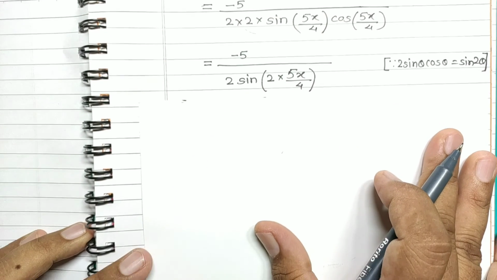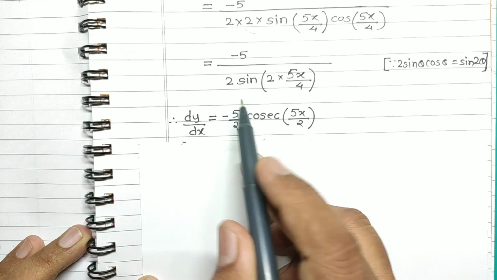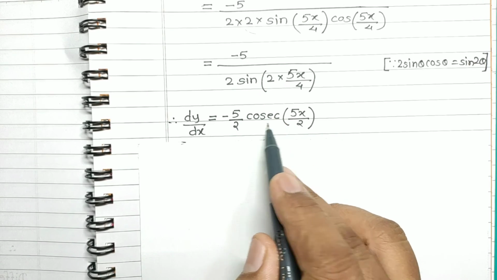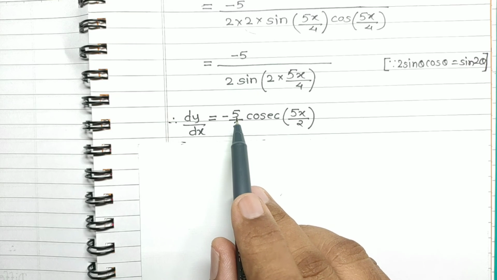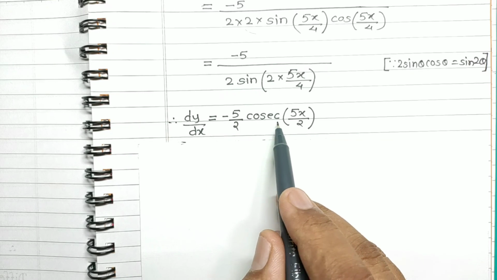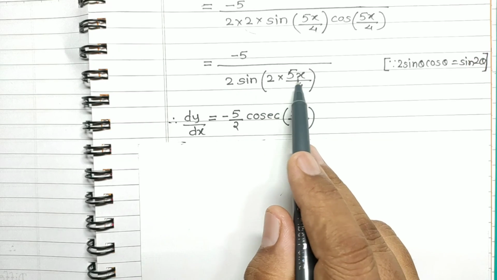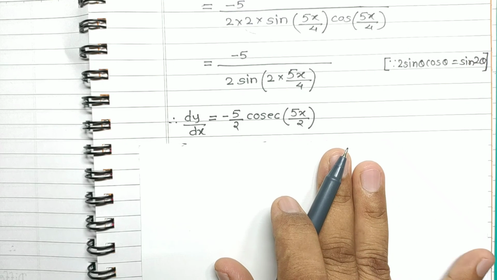Okay, so finally we have minus 5 by 2, and let's convert this 1 upon sine to cosec, and finally we have dy by dx is equal to minus 5 by 2 into cosec of this 2 by 4 is 2, so it is 5x by 2, and this is the required derivative.